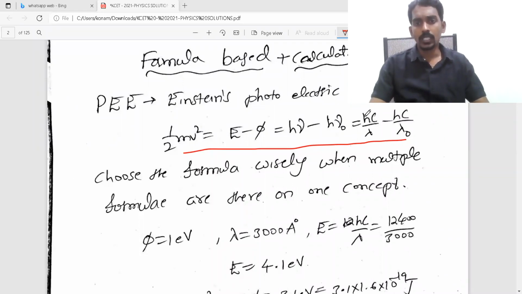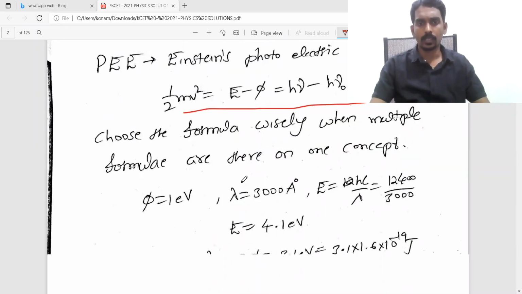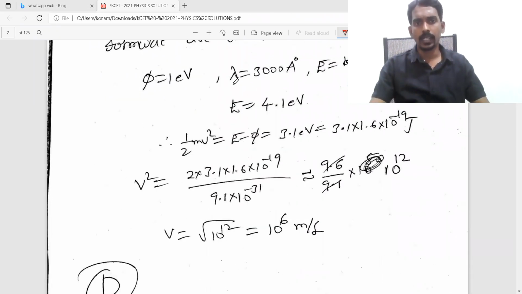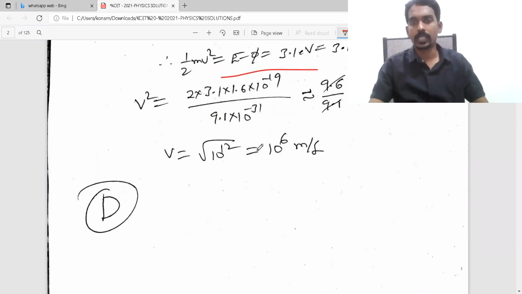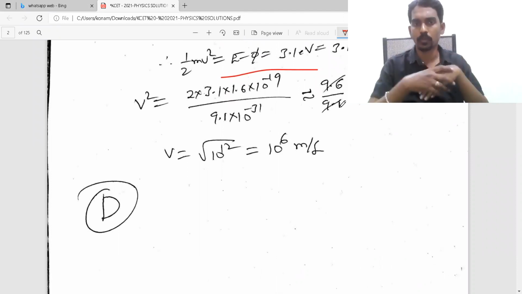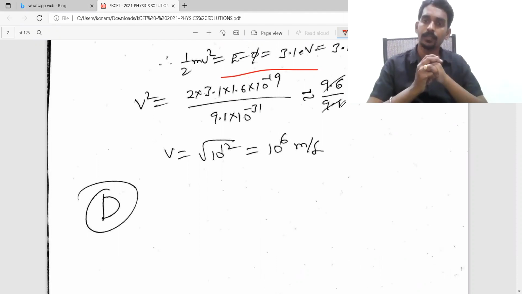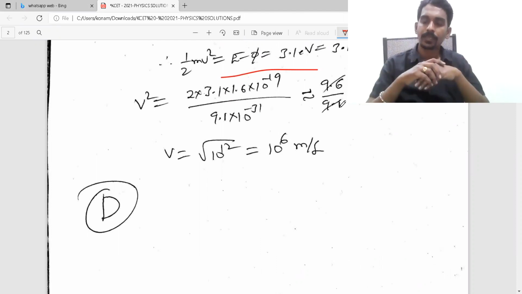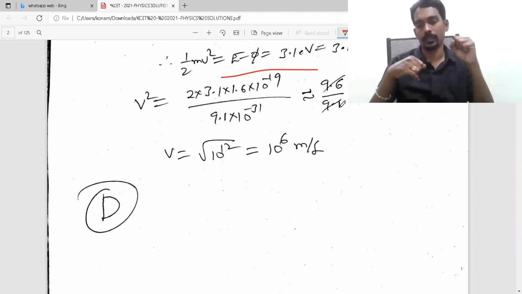So after choosing the formula in a proper manner, then comes substitution. See, lambda we have, but E should be taken in the particular form and calculated. The calculation takes time here; if you take 9.6 by 9.1, approximately it will come to 1. Those approximations also matter, and you have to choose accordingly, according to the options given.